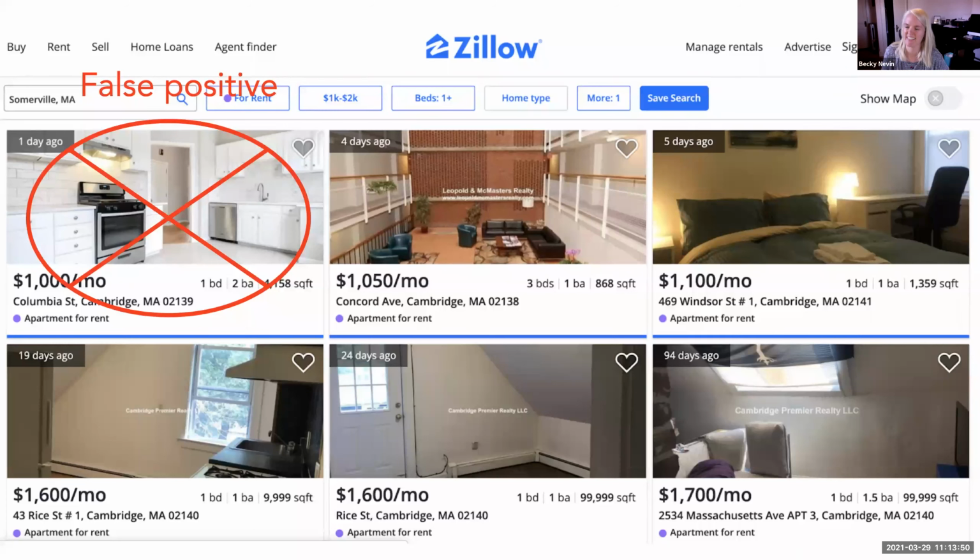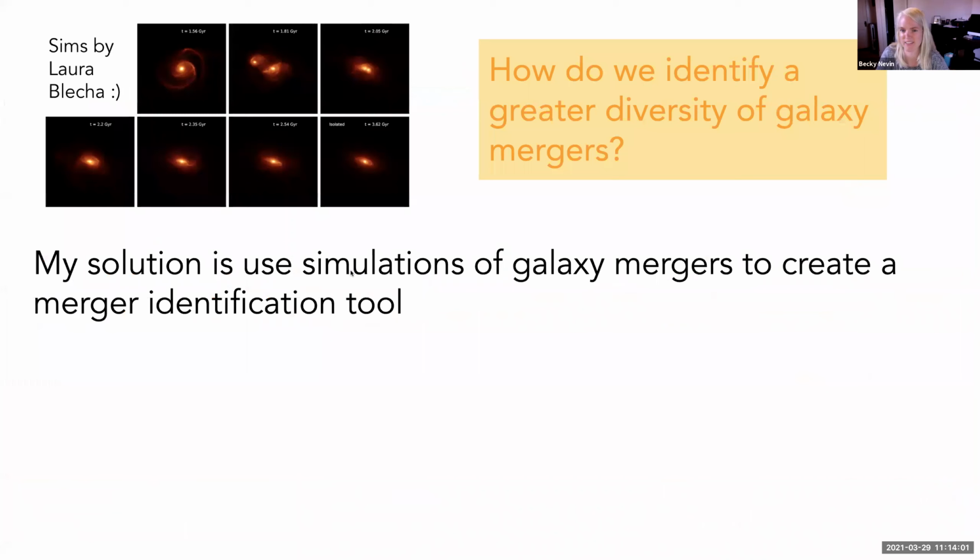That would be like going to work for Zillow for a number of years and really getting behind the scenes to understand what the algorithm is missing and why. But my approach for galaxy mergers is a little different. Instead, I'm using simulations to create the merger identification tool, and then using those same simulations to really understand what its pitfalls and strengths are, and what we can expect when we apply it to real galaxies.